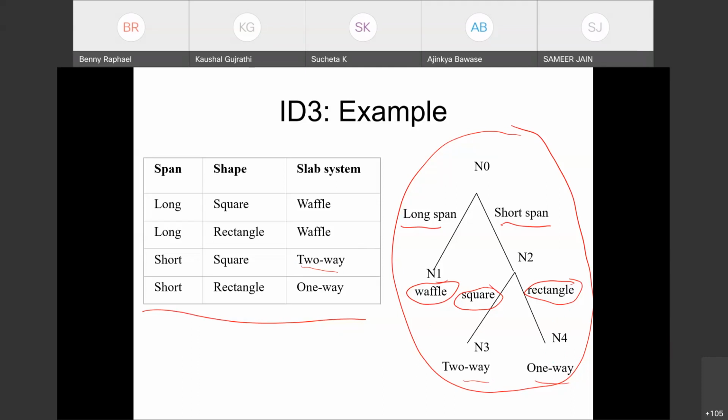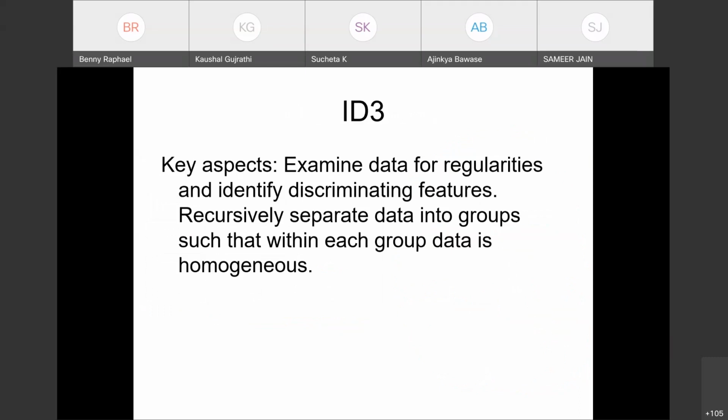Now we'll see how we can do it using the ID3 algorithm. So this ID3 algorithm, the key aspects are explained here. You look at the data for regularities and identify discriminating features, what separates them, and choose a variable which separates the data into subsets, and you recursively separate it until you reach a set of data which is homogeneous.